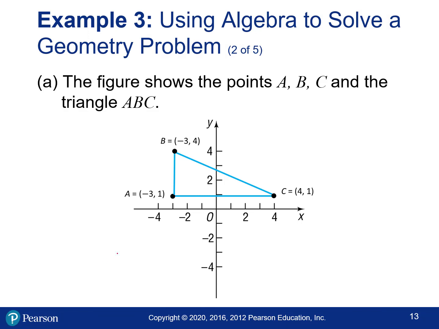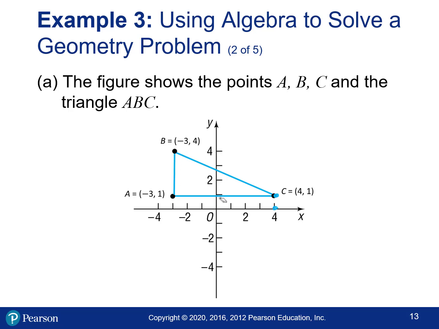Okay, so here is our drawing. I just jumped right to it, but we plotted the 3 points. So notice we go -3 and up 1 for A. And then B, we go -3, up 4, and that's B. And then our last point, +4, and then up 1 is our point C. All right, so we plot those 3 points, and then we just connect all the sides to the points, and that's our triangle.